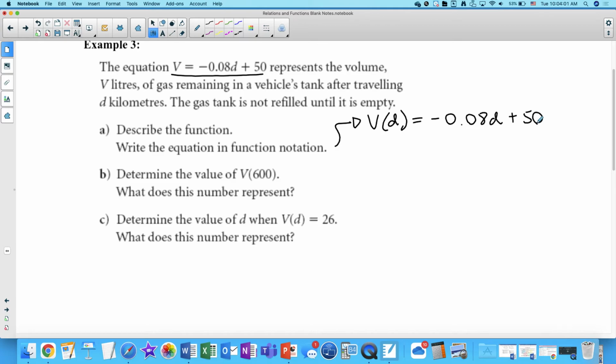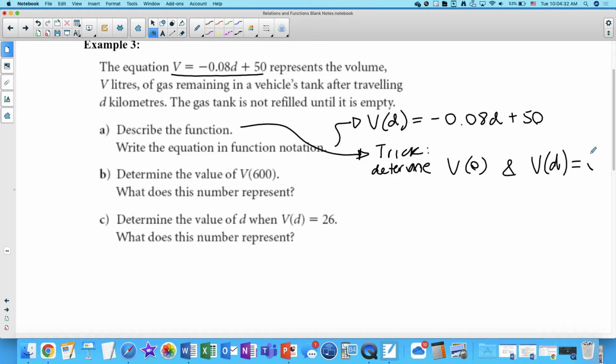One thing you can do to get a really clear picture of what's going on is determine V of 0 and V of D equals 0. These are the extremes. So this tells us what is the volume when you've gone 0 kilometers.